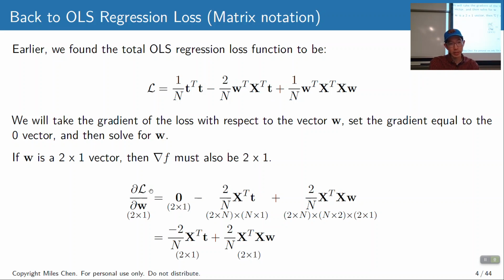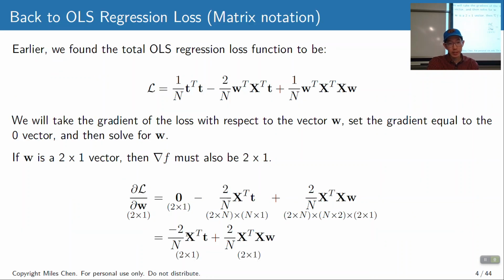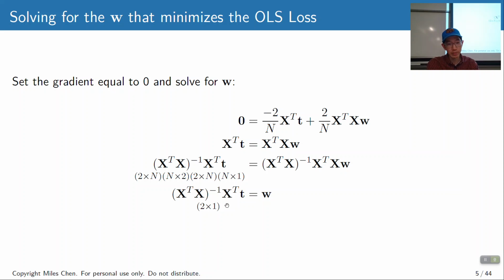Then we take the gradient of the loss function with respect to W, and this is what we get. We use our useful little gradient relations, and then we solved for W. Solving for W leaves us with the weights that will minimize our sum of squared errors.